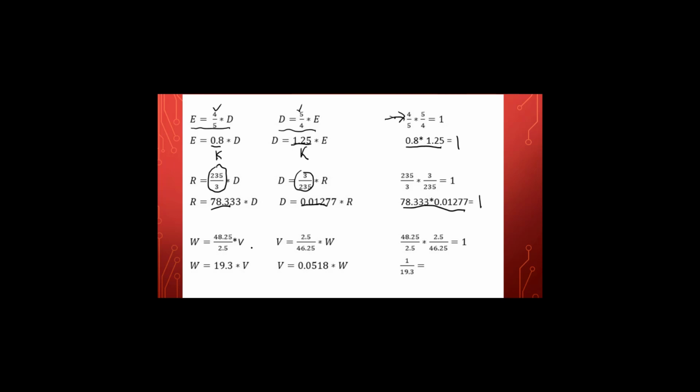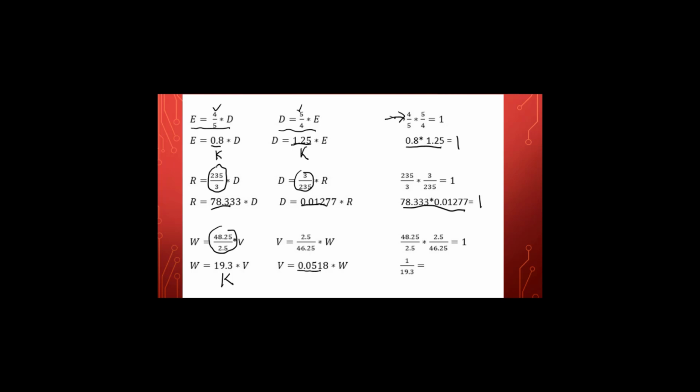The last one that we did had an example with gold. We got this equation, W equals that, and dividing this, we get the way we normally write k as 19.3, and reversing it, you get that.